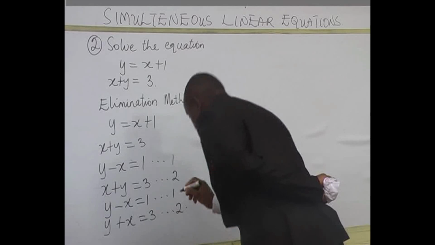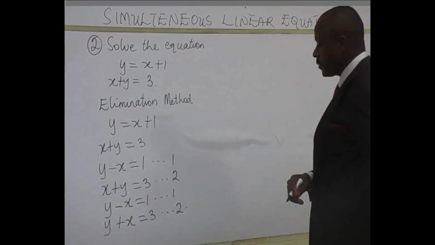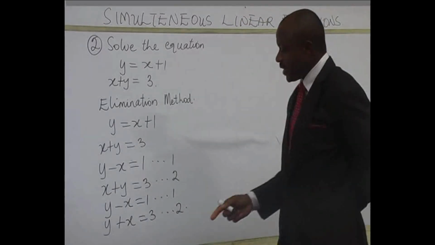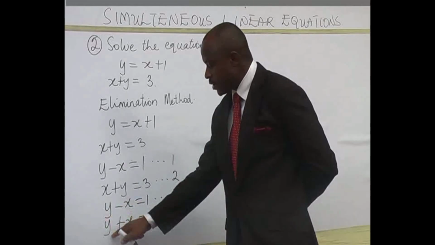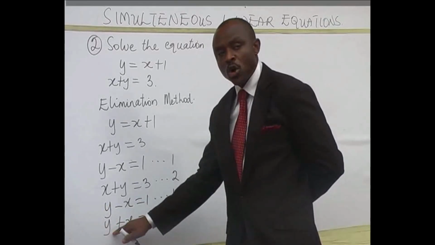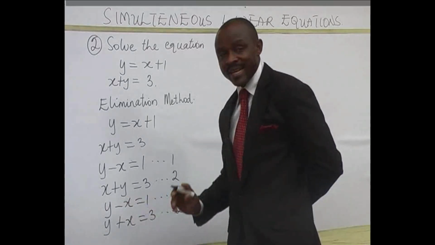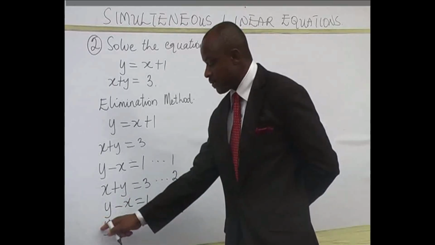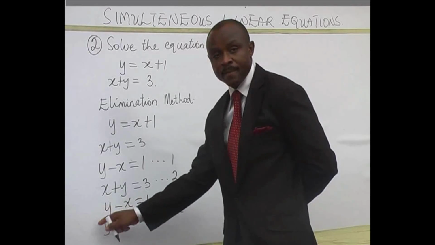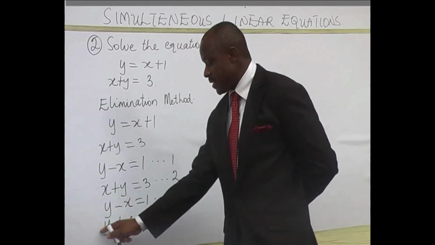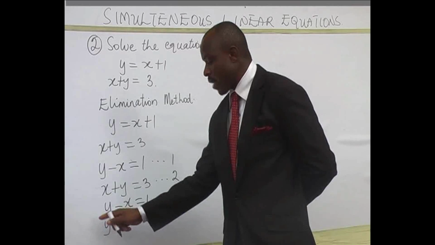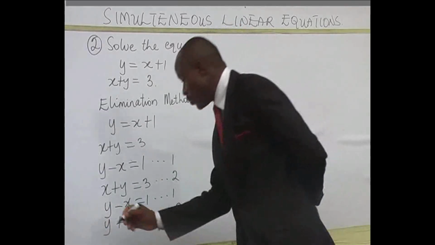That is equation 2. Now that the coefficient of y in both equations is the same, there is no need of multiplying the whole equations with anything to make the coefficient of the first unknowns the same. So in this case, the next thing you do is subtract equation 1 from equation 2.